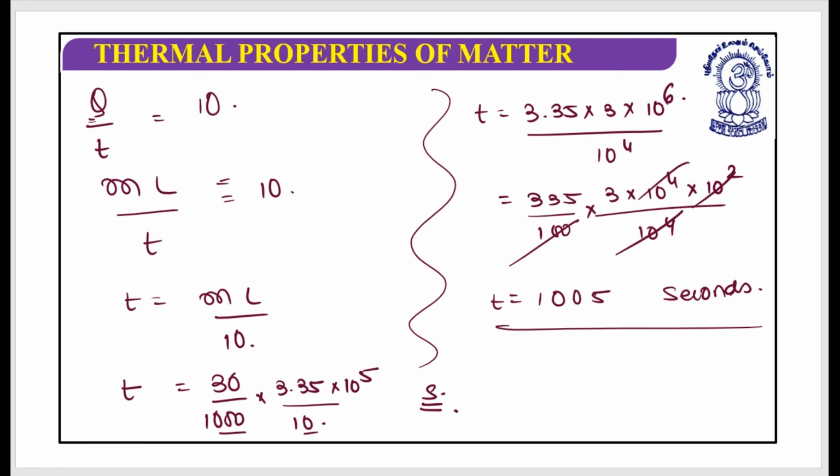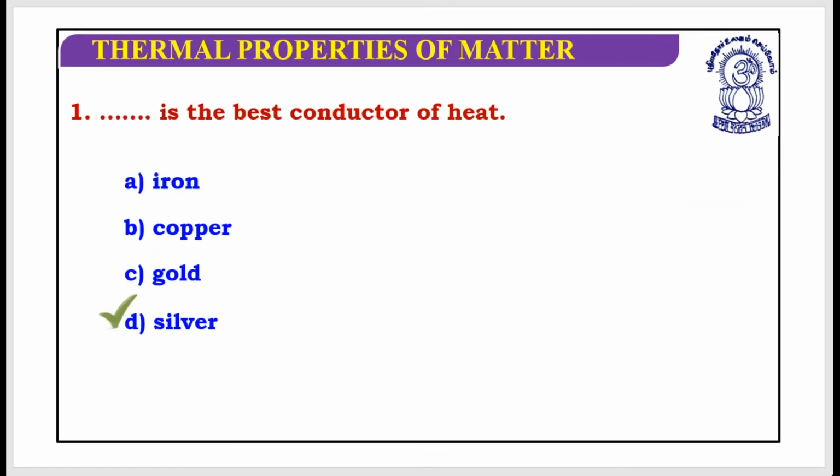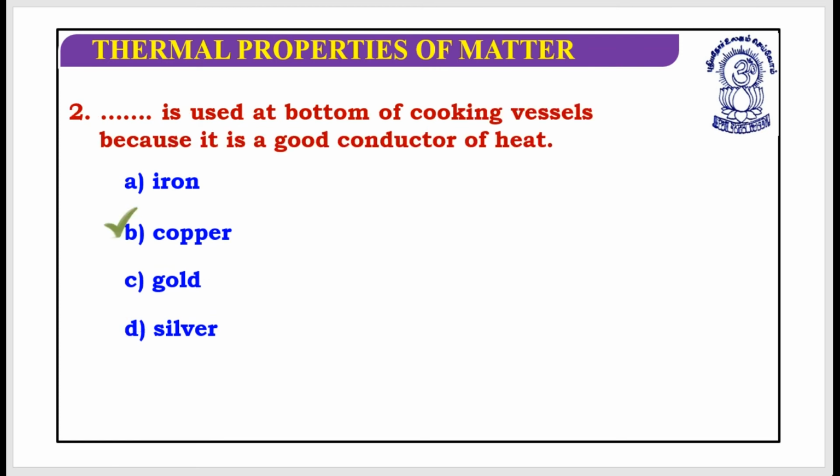Now let's look at certain quick questions. Blank is the best conductor of heat: iron, copper, gold and silver. How could I come to know? It's information, but based on their K, the thermal conductivity, we can come to know about the best conductors or worst conductors of heat.